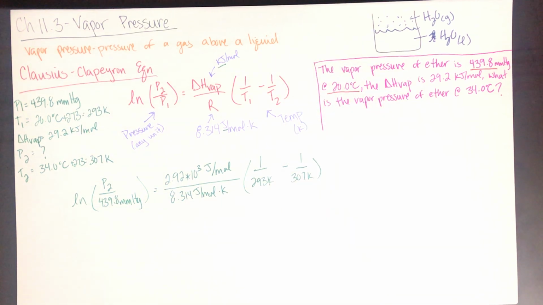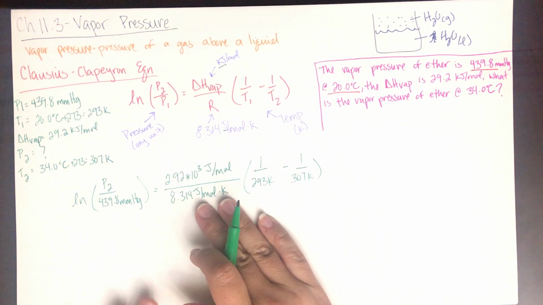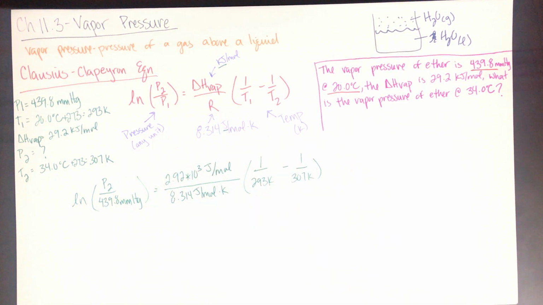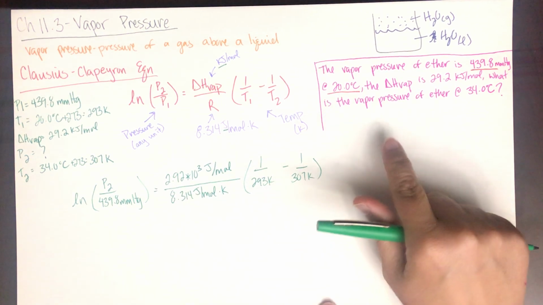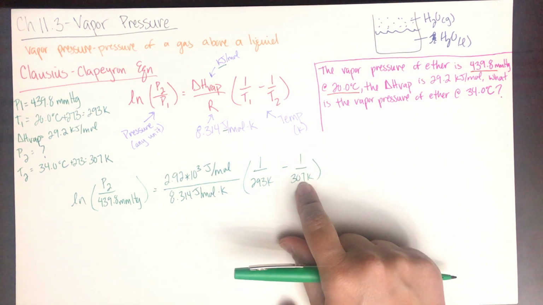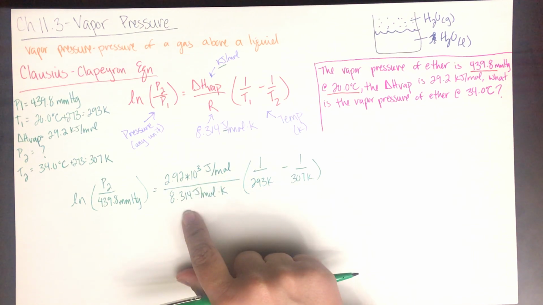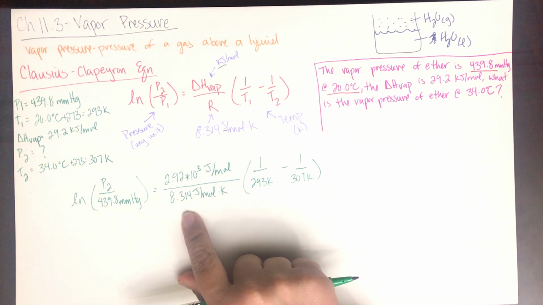So now I'm just going to solve for P2. I'm going to do this whole side first: 1 over 293 minus 1 over 307 times 2.92 times 10 to the third over 8.314.